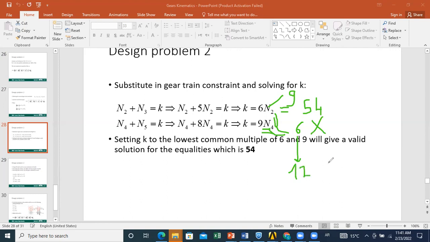Still not acceptable, because I want my pinion to have a number of teeth higher than 13. So now if I multiply k by 3, I get n4 equal to 18. And this is an acceptable number. It's larger than 13.